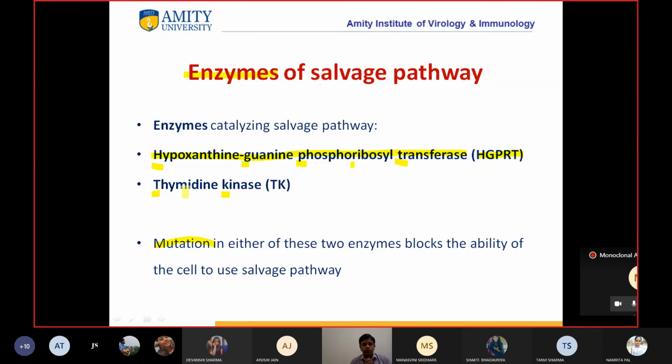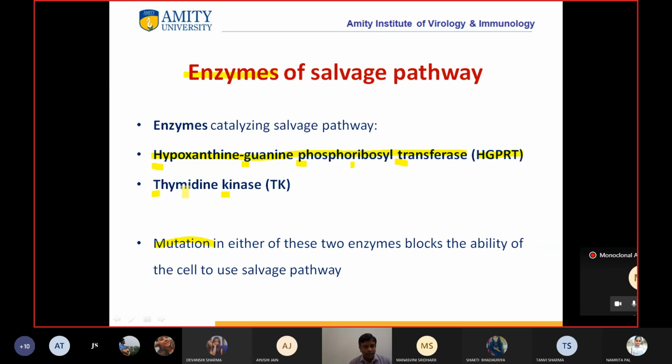So students, I think now you will understand: the de novo pathway is blocked by aminopterin. So which is the other pathway? The salvage pathway. Which enzymes are needed for the salvage pathway? HGPRT and thymidine kinase. What we are doing is creating mutation in these enzymes.